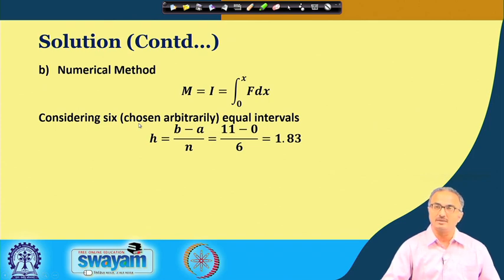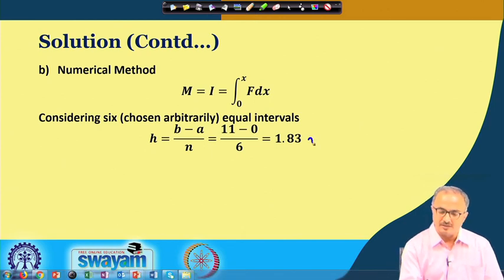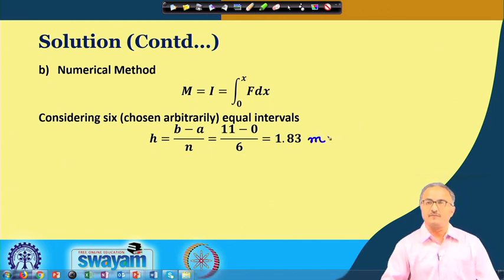If you vary the number of intervals, you will get different accuracies. So let us arbitrarily choose 6 for demonstration purposes. You can see that b is 11, a is 0, so divided by 6 you get this value for h. Because the length is given in meters, this h will also be in meters. That means we are finding the function value at an interval of 1.83 meters.